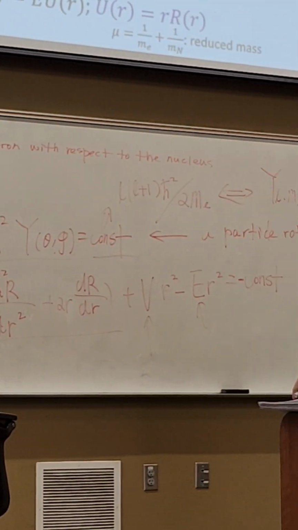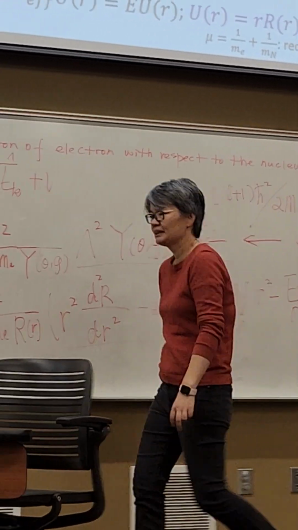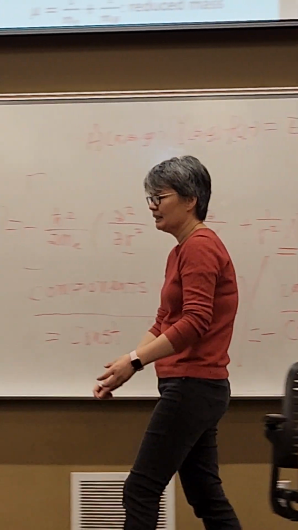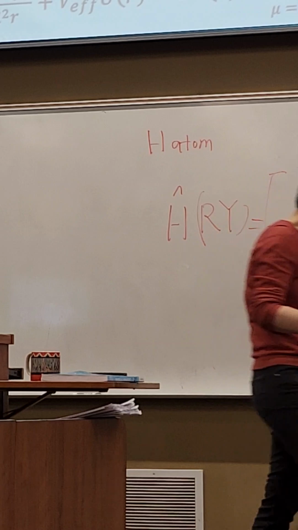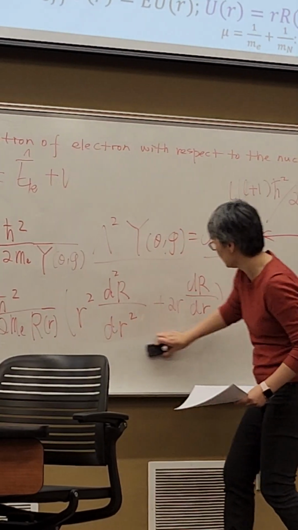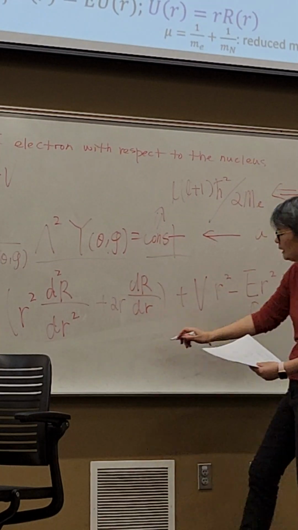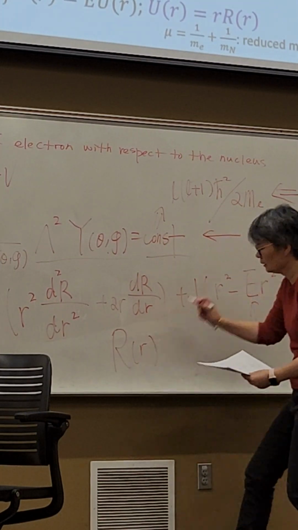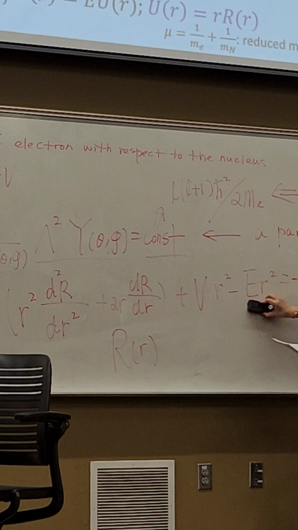We want to make our life easy, as this slide indicates. This is the second component of the wave function, and I feel bad for you guys, we're getting more and more complicated. What we would like to do is, instead of solving for R directly, R is your radial component of the wave function, we will introduce another function as a substitution.